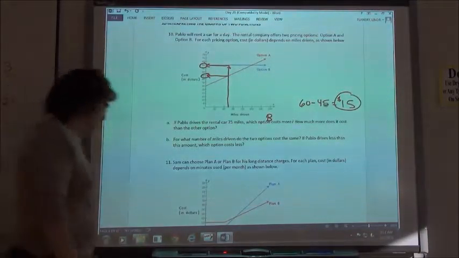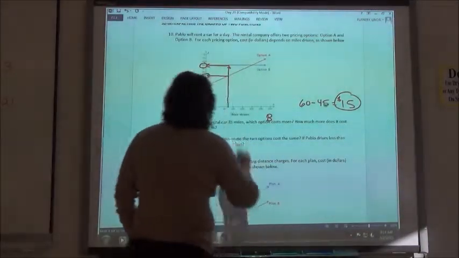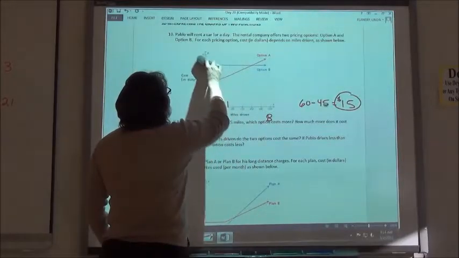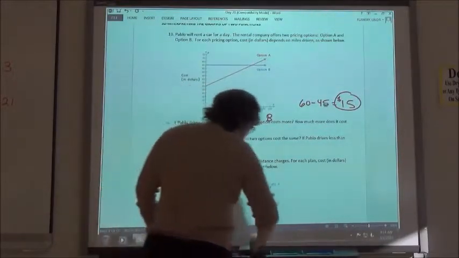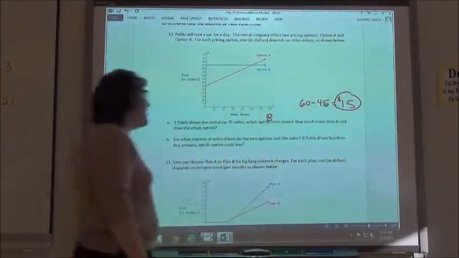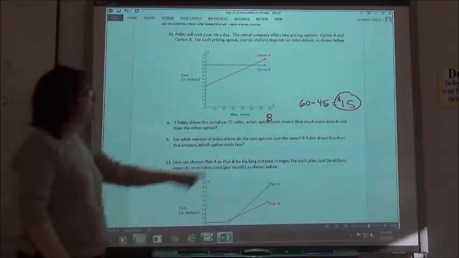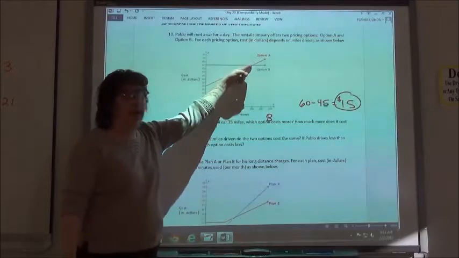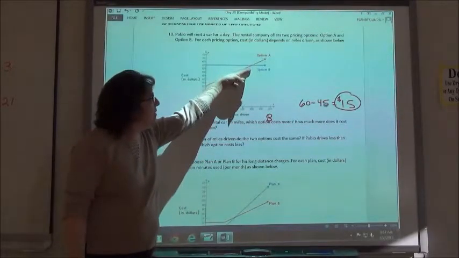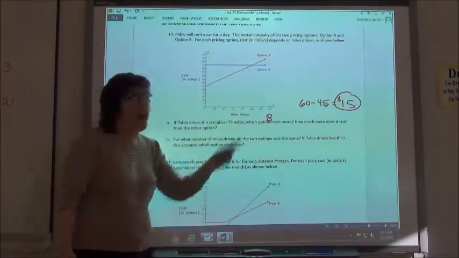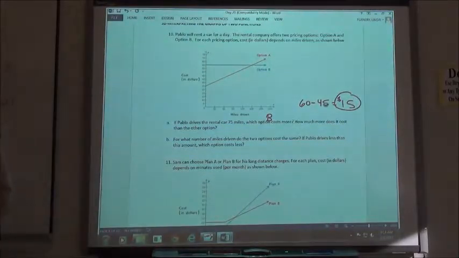Second part of this one, if I get rid of all my scribbling. For what number of miles do the two options cost the same? Well, they cost the same where they intersect here. How many miles is that? Well, the miles driven is down at the bottom, so if you go straight down from that point, you get 150 miles.